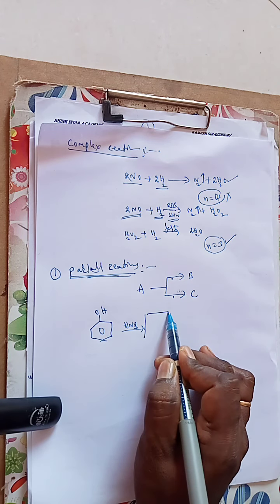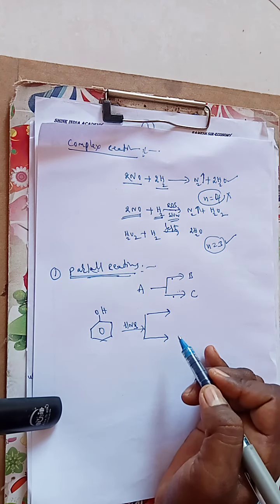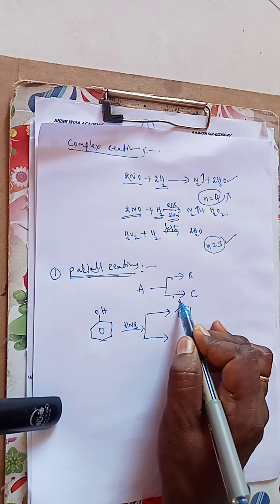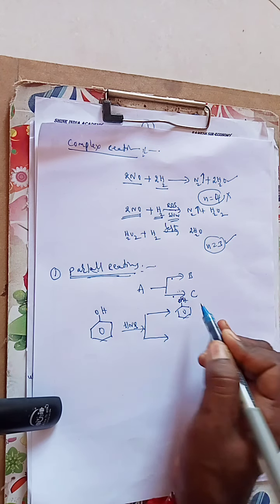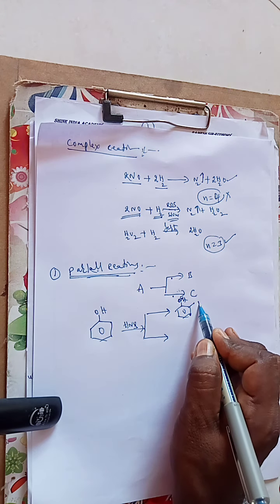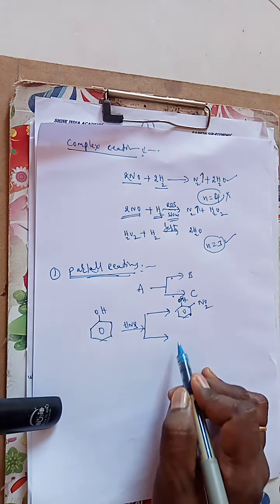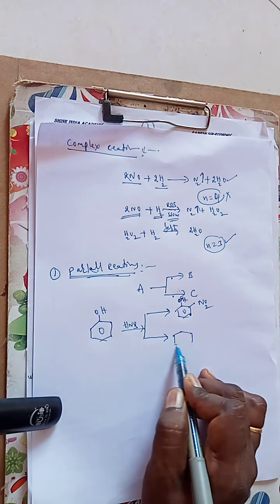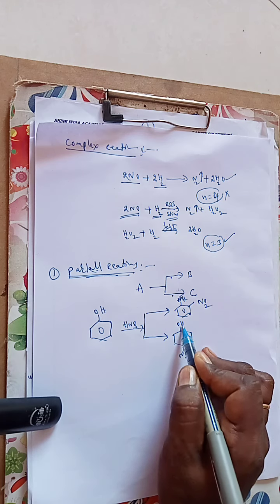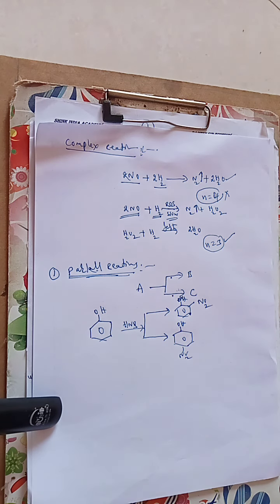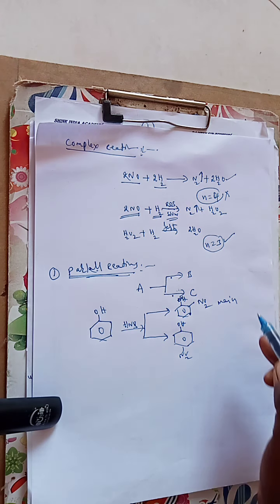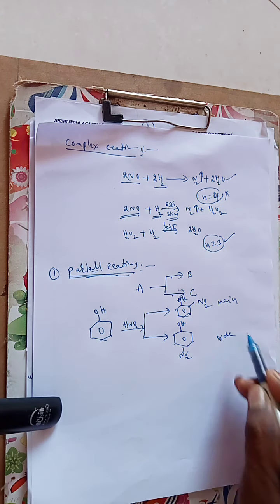We get two products at the same time: the major product with OH and NO2 in the ortho position, and the next one in the meta position with OH. Of these two reactions, the first one is the main reaction and the second one is the side reaction.